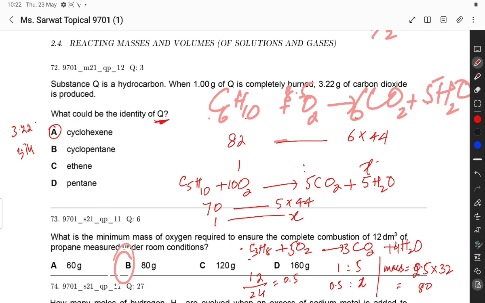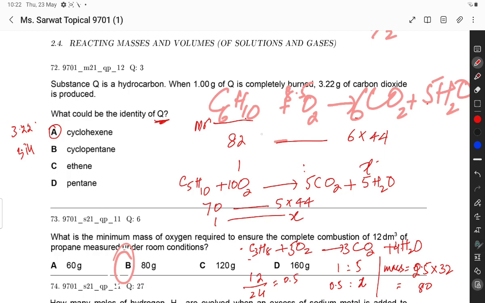So we have 12 and 5, 17 is the total number of oxygen atoms. So by using 17 divided by 2, that is equal to 8.5. Now for 3.22 gram, this is carbon dioxide. The Mr of cyclohexene is 82 and the Mr of carbon dioxide is 44.